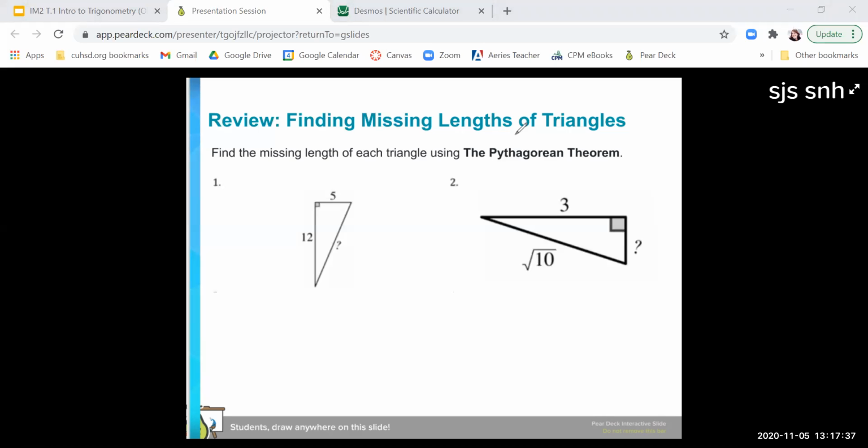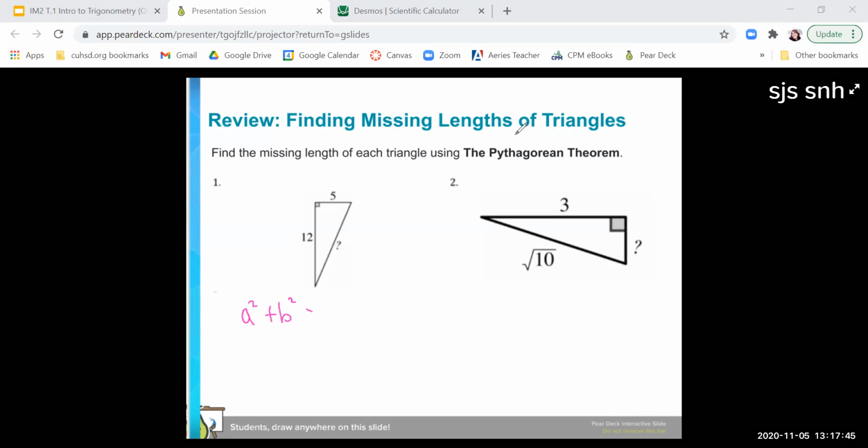So to remind ourselves, the Pythagorean theorem is a squared plus b squared equals c squared. And then we need to label our sides. So in a right triangle, the side opposite the right angle is always our C, which is our hypotenuse.